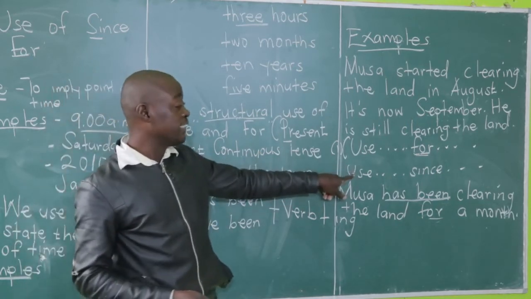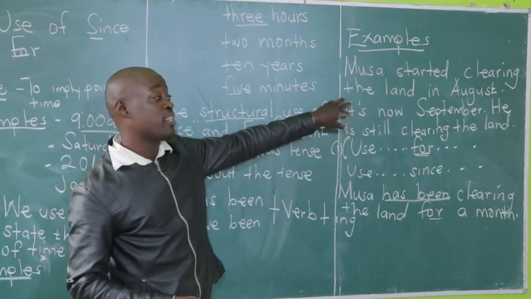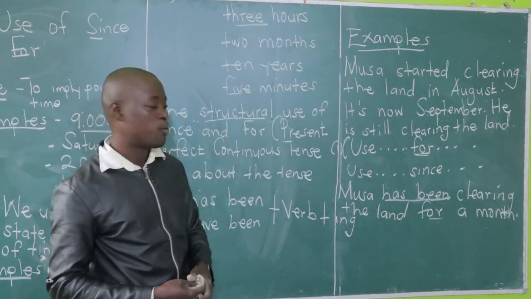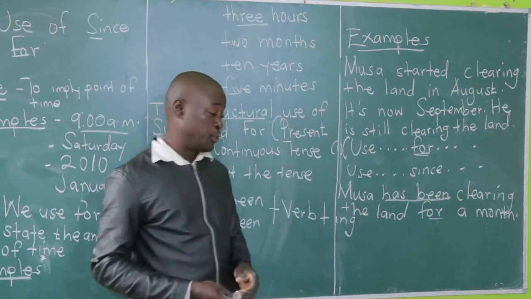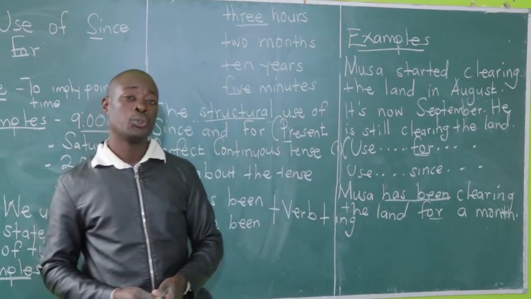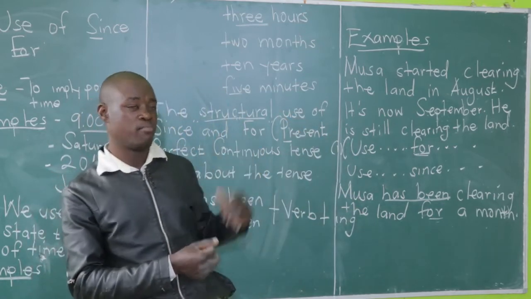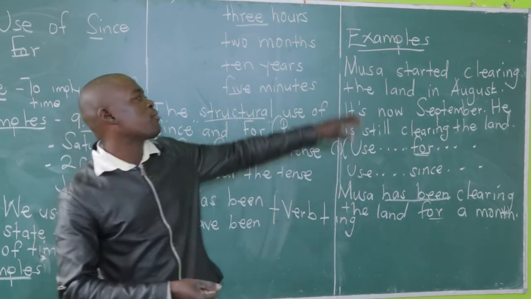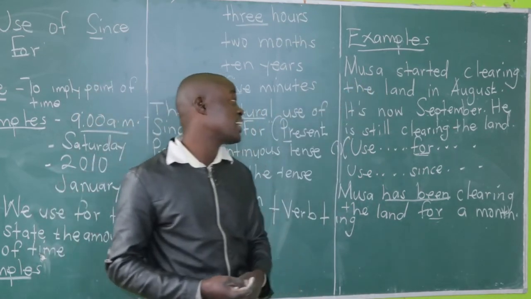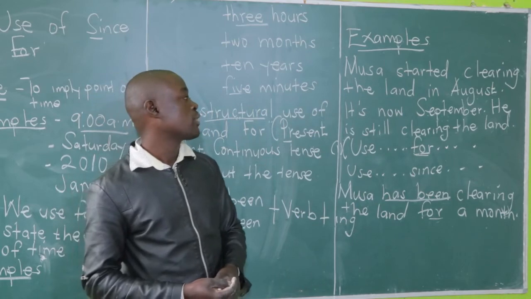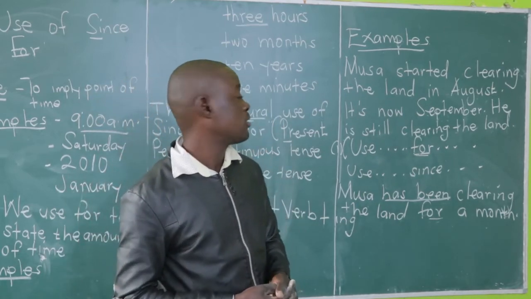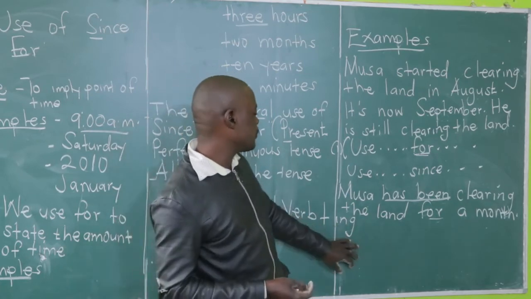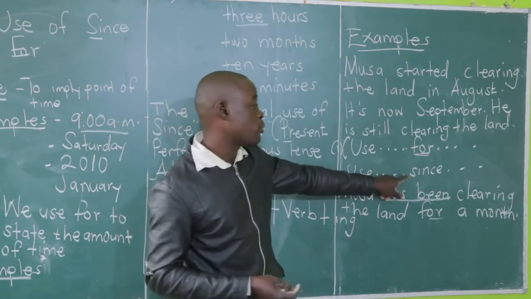Again, I can use since with the same sentences. How? You only have to remember what I told you, that since is used to talk about a point of time when an action occurs. So when I read through here, Musa started clearing the land in August. The point of time he started clearing the land is August. So here we are going to use August, the point of time, when we are using since.